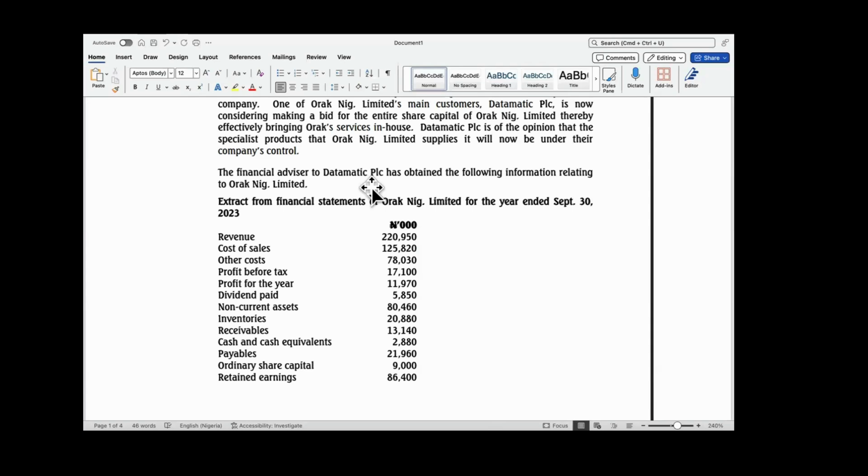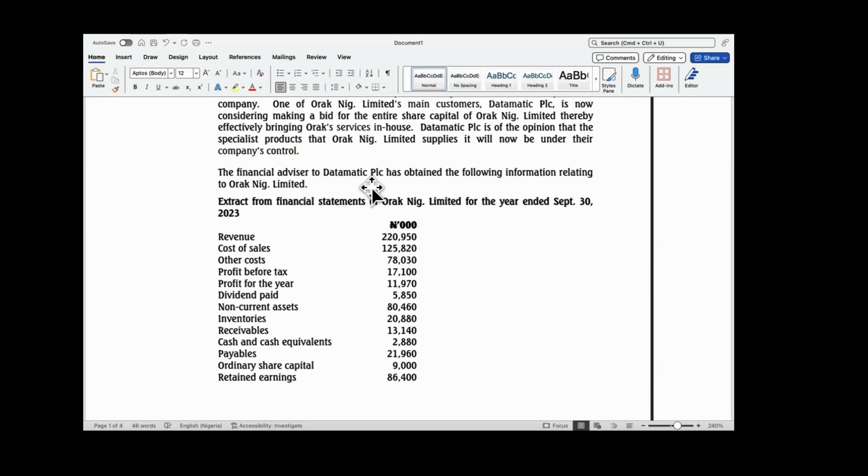So the ordinary share capital plus retained earnings, because the capital employed is the owners' equity. Yes. So, as I was saying, that's the best approach for you in the exam when it comes to calculation of capital employed.